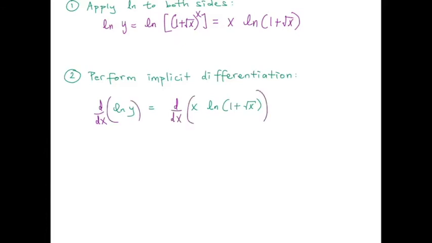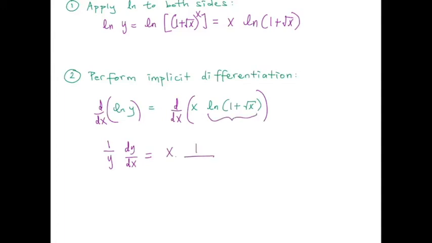On the left, I have 1 over y times dy dx. And then on the right, I do product rule. So I have x times the derivative of the second part.